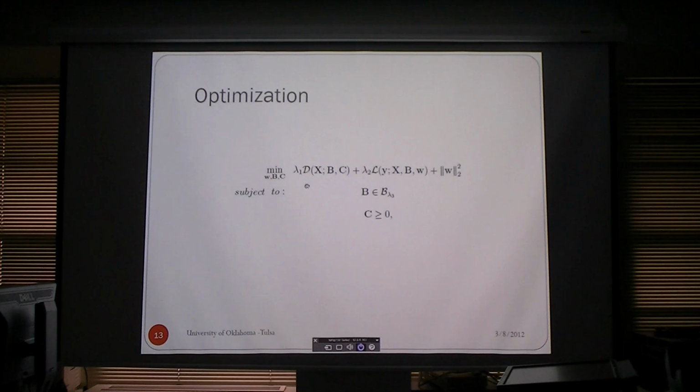But if we assume B is the only variable and the rest are fixed, we can solve this optimization problem.